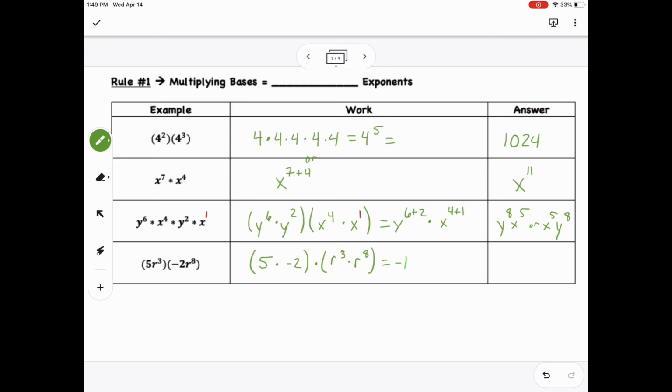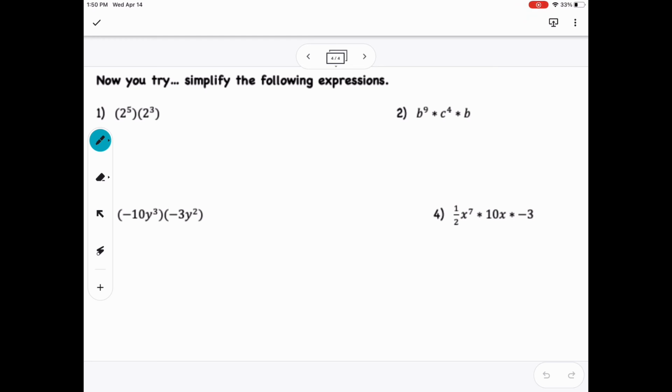Now if you have numbers or coefficients on the front of your variables, we multiply them separately like we would normally do. So 5 times -2 is just -10, like it always has been. Then I've grouped my r's together, and that gets me r to the 3rd plus 8, which gets me r to the 11th.